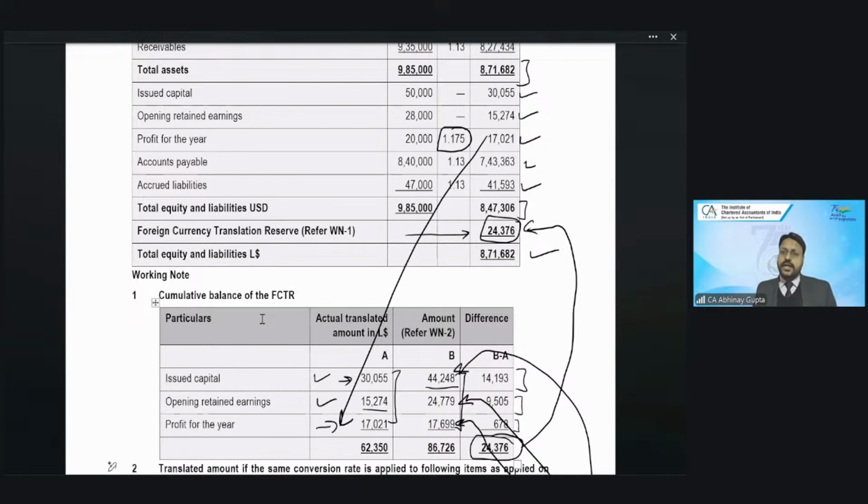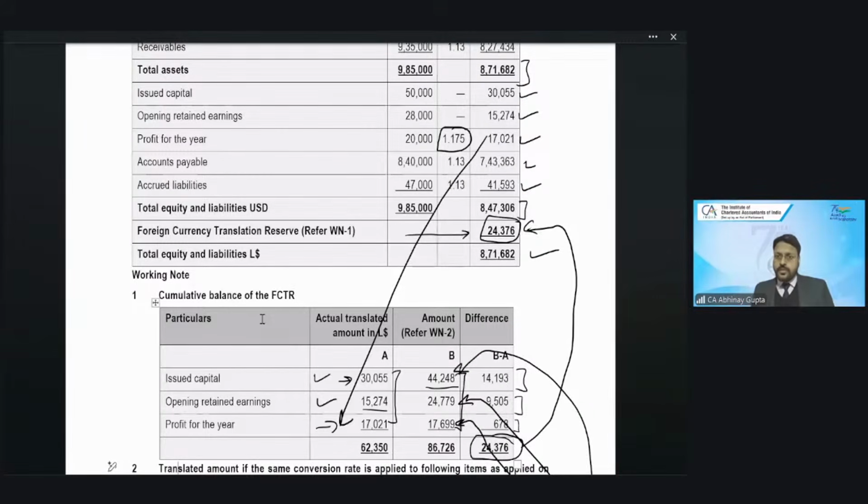So we need to understand how the dollar to L dollar, or L dollar to dollar, or whatever the two currencies given in the question, are related to each other. If multiplication and division are mistaken, it will fetch you zero marks, in spite of you spending 30 minutes on that question.